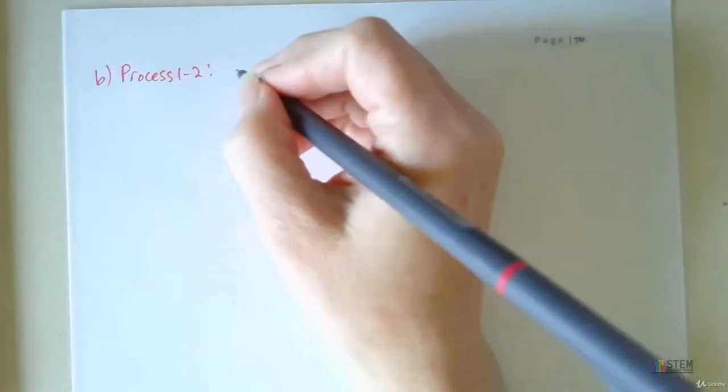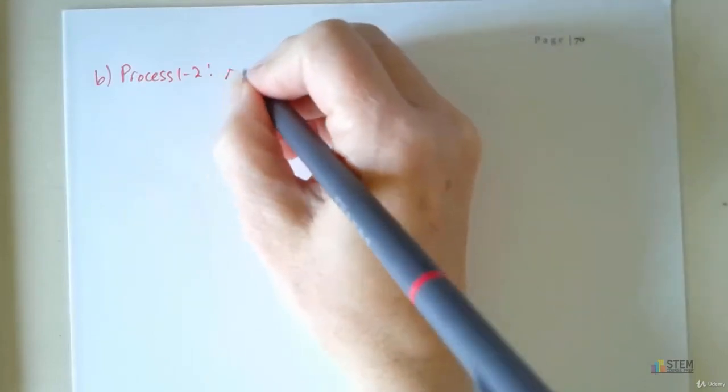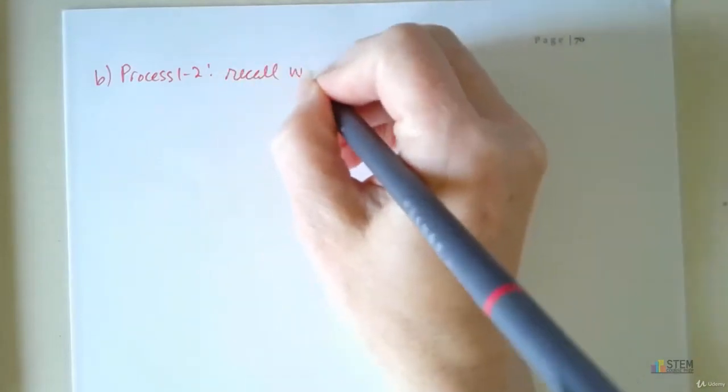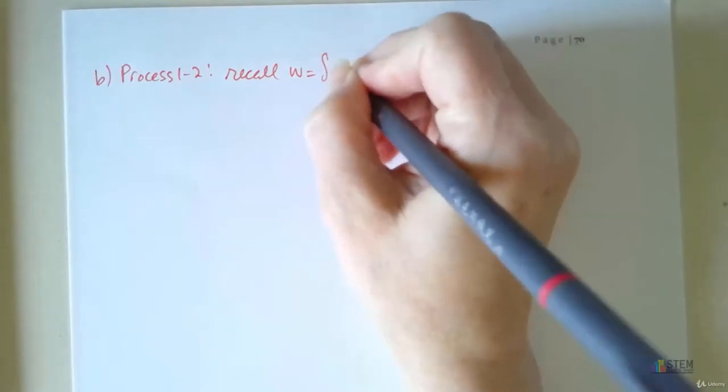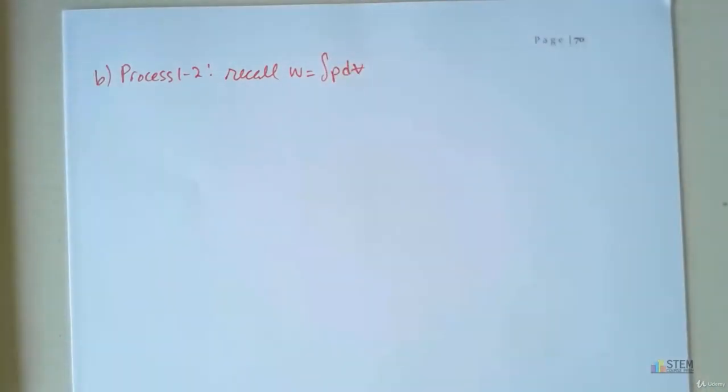Now remember on here, we've got a volume change. So remember way back we had the equation where work was equal to the integral of pressure times dV.